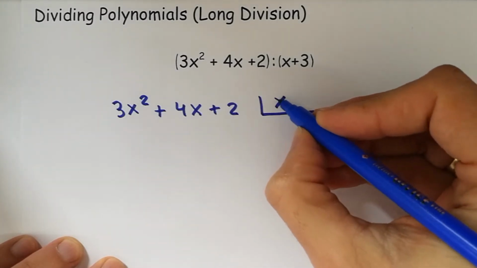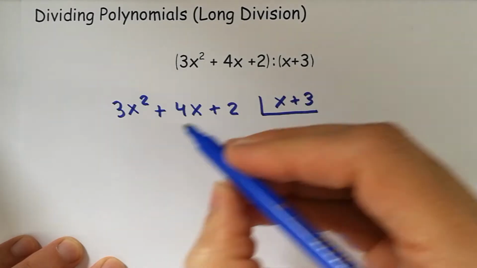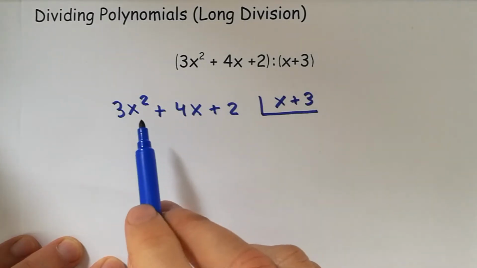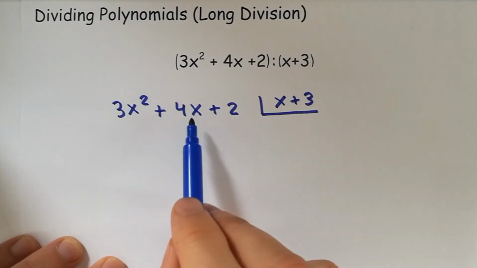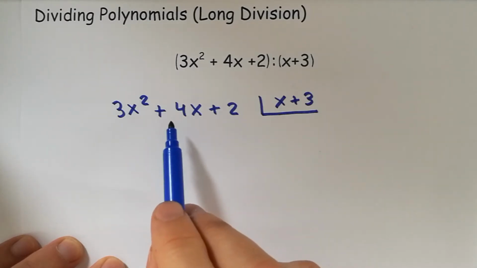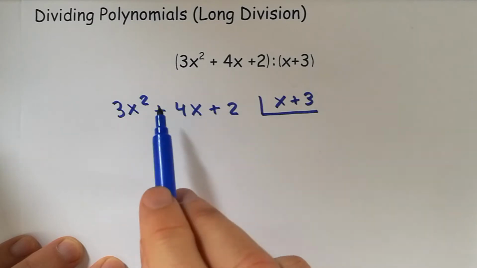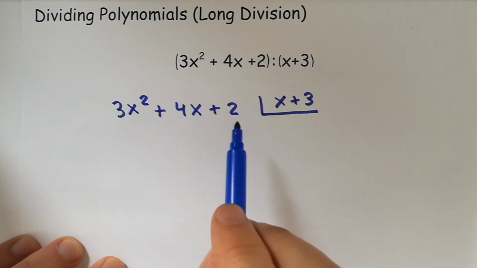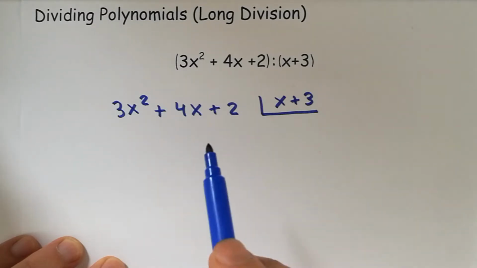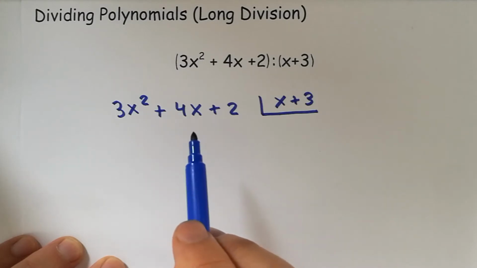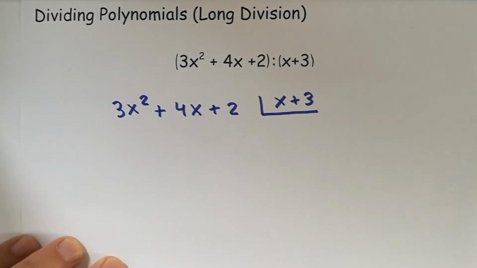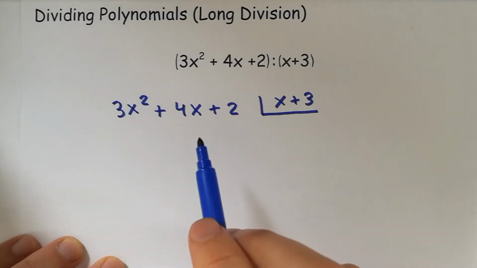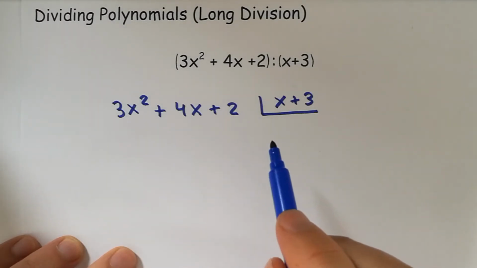It's important that the polynomial we're going to divide is complete. If it has missing terms, we can have problems in some intermediate steps. So the first thing is to complete this polynomial, and then we start with the process.